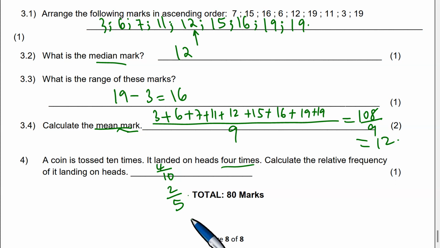Or we can give it the other way around. We can say 10 to 4, 5 to 2 ratio. So you can give it like that, 10 to 4, 5 to 2. Or this one, 4 to 10. The ratio of 4 is to 10, or the ratio of 2 is to 5.